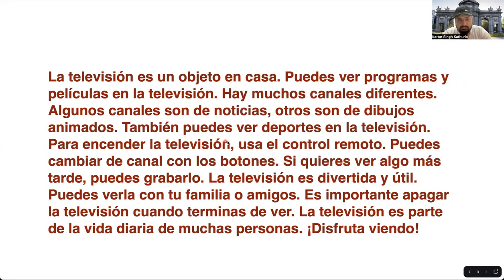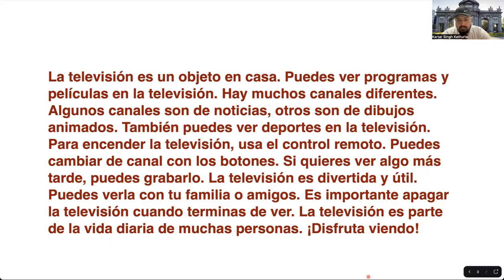Para encender la televisión, usa el control remoto. Puedes cambiar de canal con los botones. Si quieres ver algo más tarde, puedes grabarlo. La televisión es divertida y útil. Puedes verla con tu familia o amigos. Es importante apagar la televisión cuando terminas de ver. La televisión es parte de la vida diaria de muchas personas.